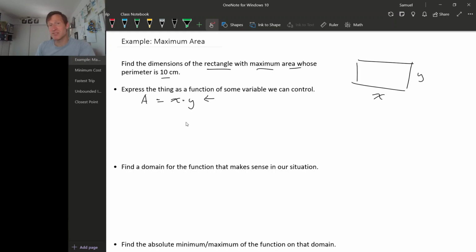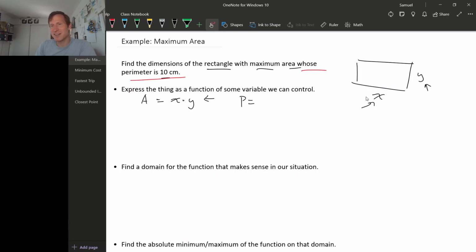When this happens, there's usually a relationship between the two input variables that's somehow hidden, and often it's hidden in the problem. You might notice that in this description of the problem, we actually haven't used the fact that the perimeter has to be 10 centimeters. So what is the perimeter of a rectangle?